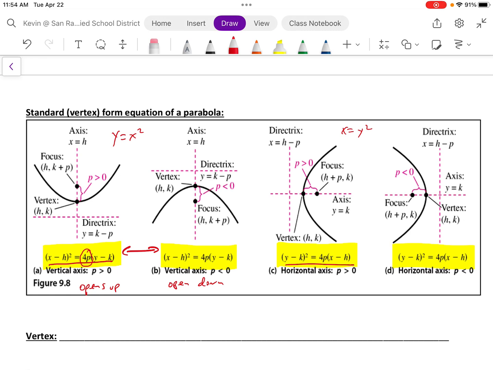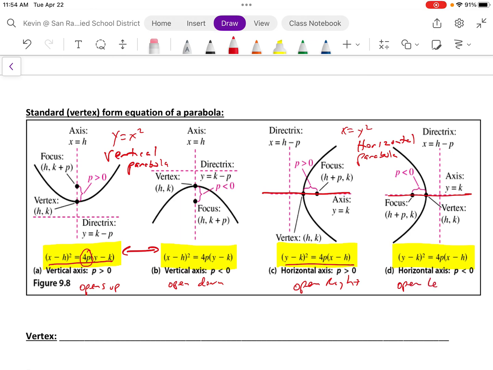It's the axis that tells us whether it's a vertical parabola or a horizontal parabola. So in this case, this is a vertical parabola. Over here, the axis is horizontal, so this is a horizontal parabola.